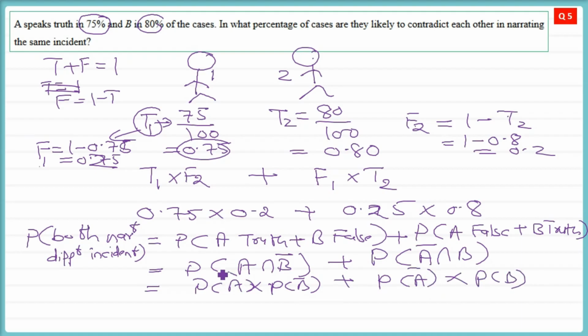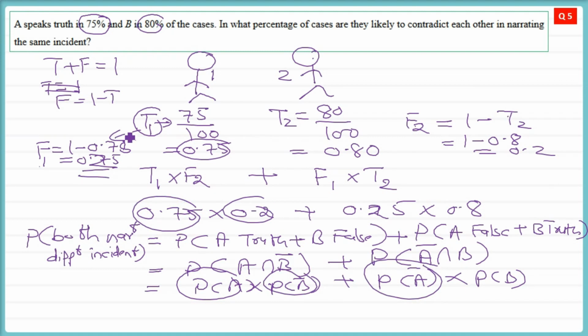So what is the probability of A? 0.75. PB bar is 0.2 from here. PA not, A is false, is 0.25, and PB, truth of B, is 0.8. All these values are what we discussed while reasoning. When we compute, it is going to come as 0.35.